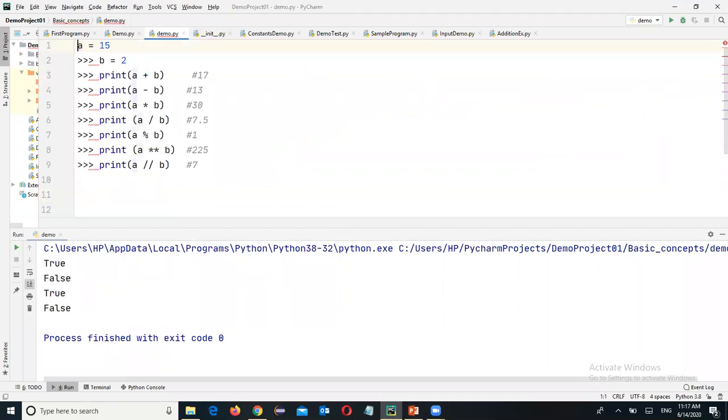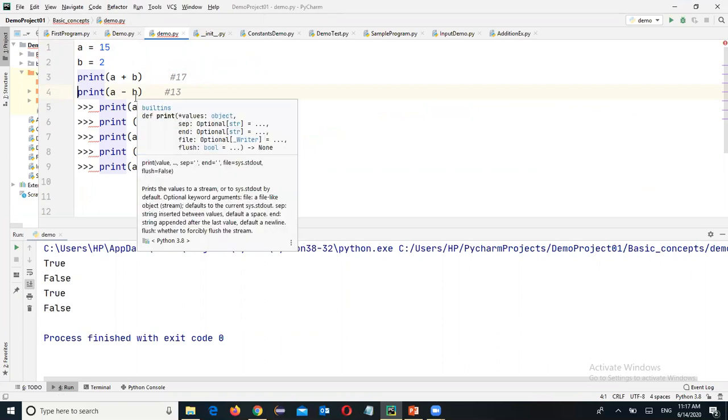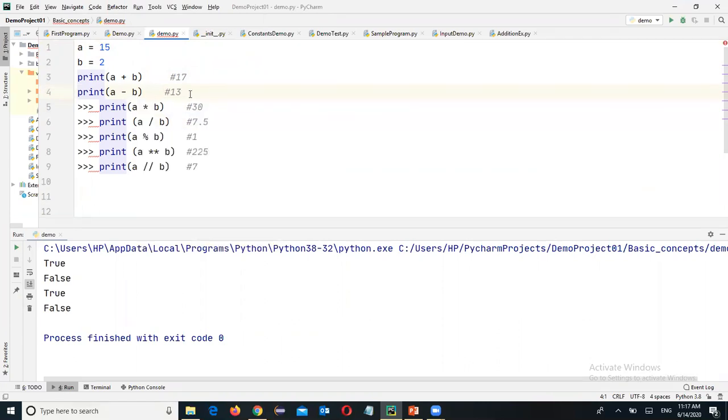A = 15, B = 20, I have given. If I print A plus B, both are added and the sum is given. A minus B: B is reduced from A, so we get minus 2.